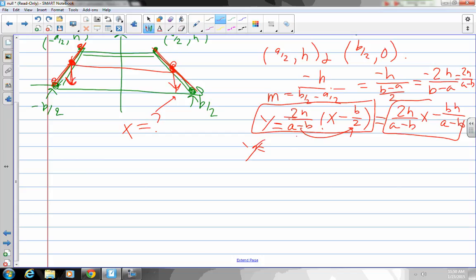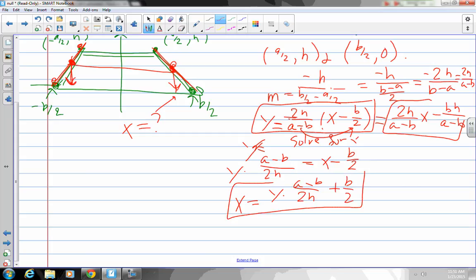So if I just solve for x from here, we'll get y times a minus b over 2h equals x minus b over 2, right? And then add b over 2. So x equals y times a minus b over 2h plus b over 2. That's the x value. Is that right? Yeah, this is the x value.